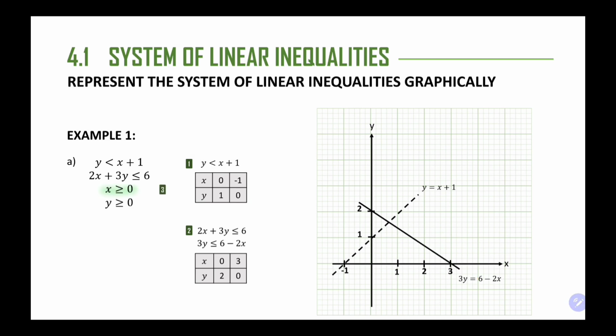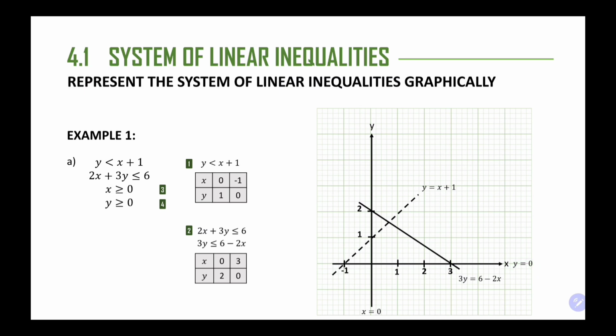Okay, next we have x greater than or equals to 0. Means we have x equals to 0 on y axis. So straight line on y axis. Then we have y greater than or equals to 0 means y equals to 0 on x axis. So straight line on x axis.